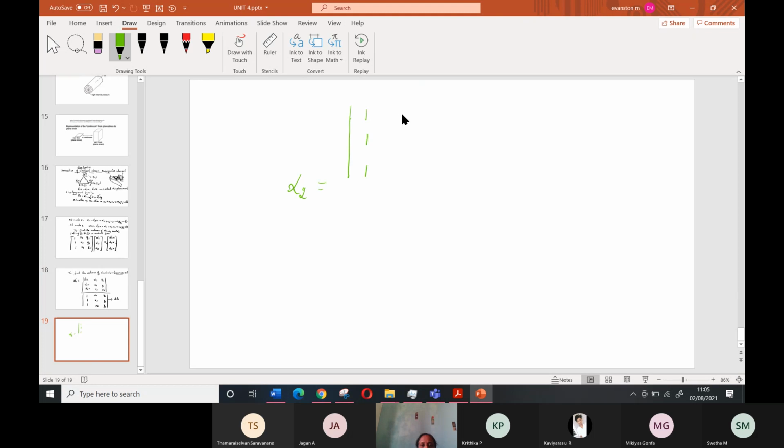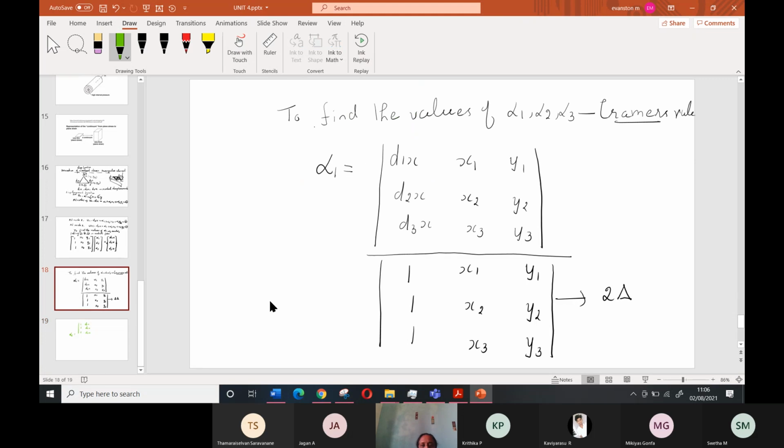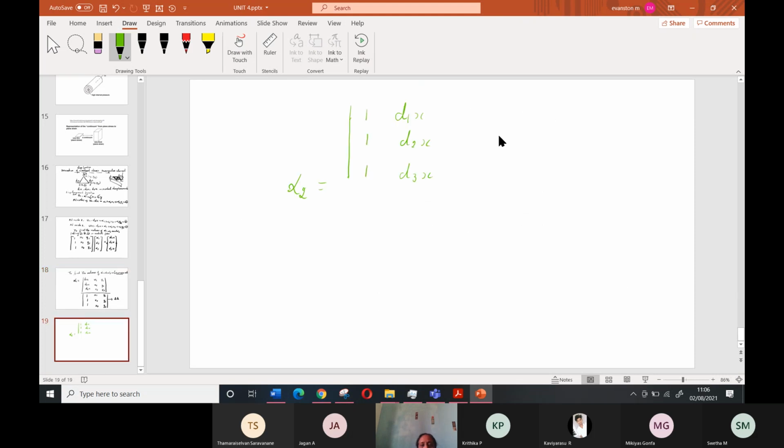Then the second column I have to replace with d1x, d2x and d3x. And the last column is y1, y2 and y3.